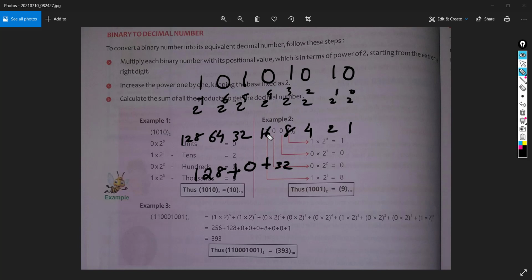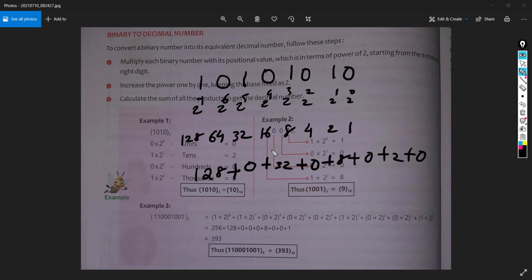Here it is 0, so 0 instead of 16. Here it is 1, so 8. Here it is 0, so 0 instead of 4. Here it is 1, so 2, and at last it is 0, so we add 0. Then 128 plus 32 plus 8 plus 2 will be its answer.